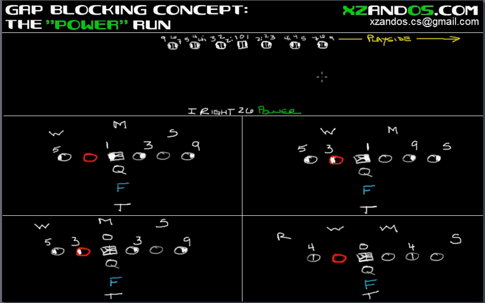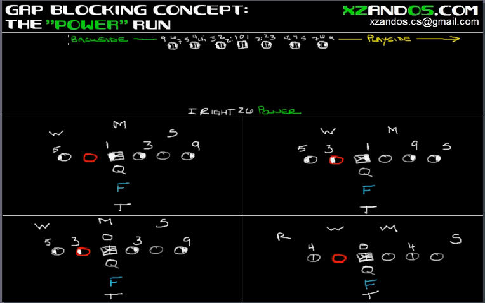The right is play side. Conversely, everything to the left is backside.